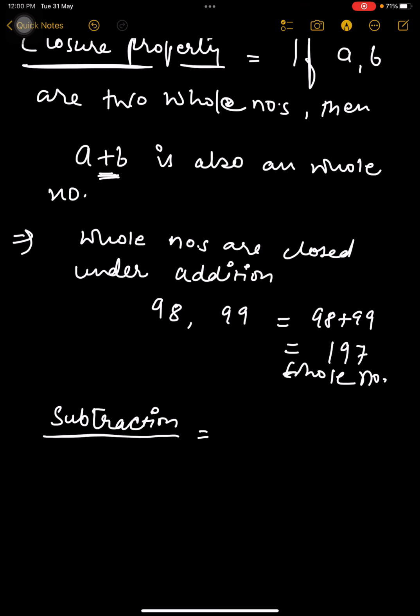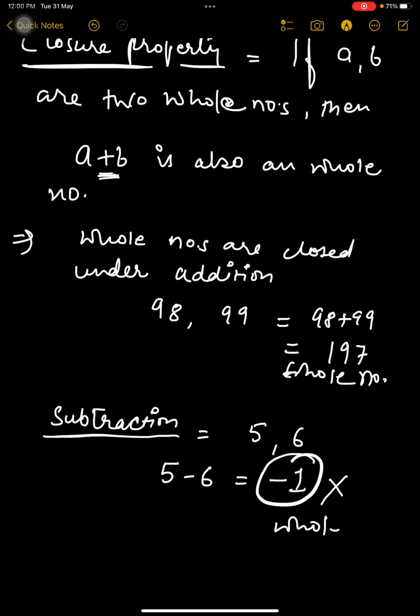Why? Suppose I take 5 and 6, and I subtract 6 from 5, the answer will be -1. -1 is not a whole number. So it is not always satisfied under subtraction.